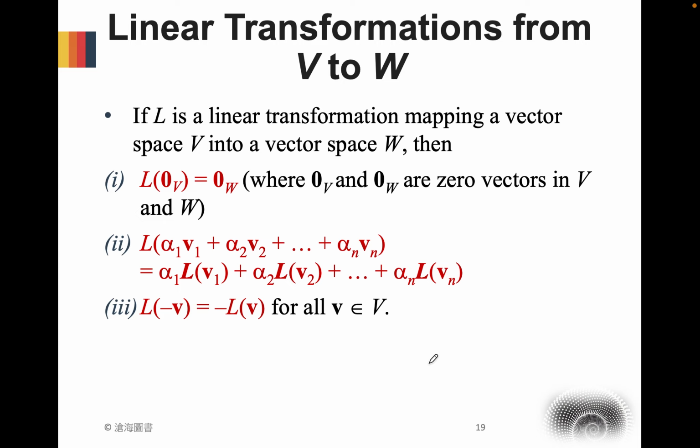If L is a linear transformation mapping a vector space V into a vector space W, then we have the following properties.